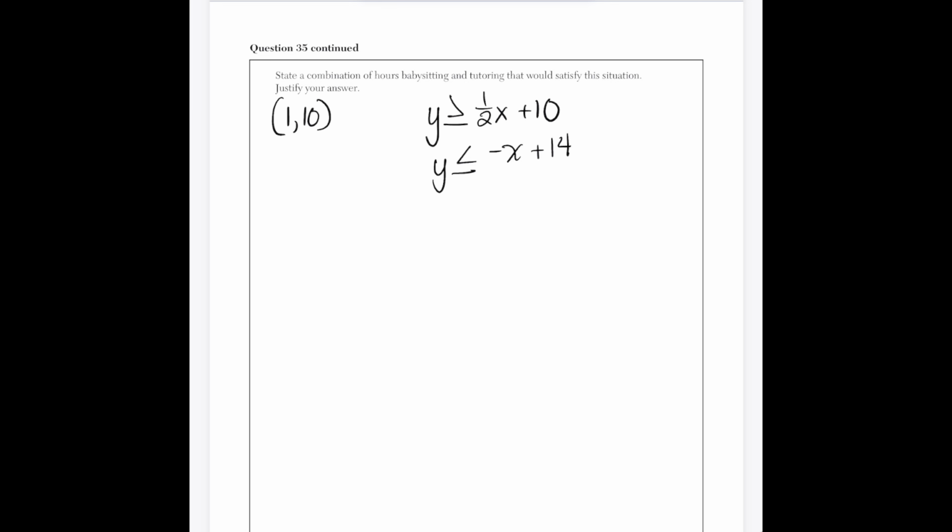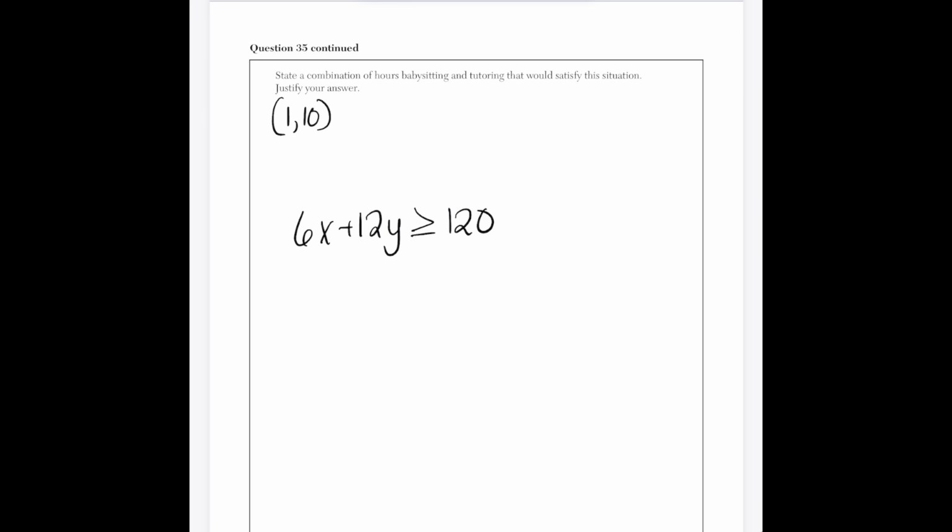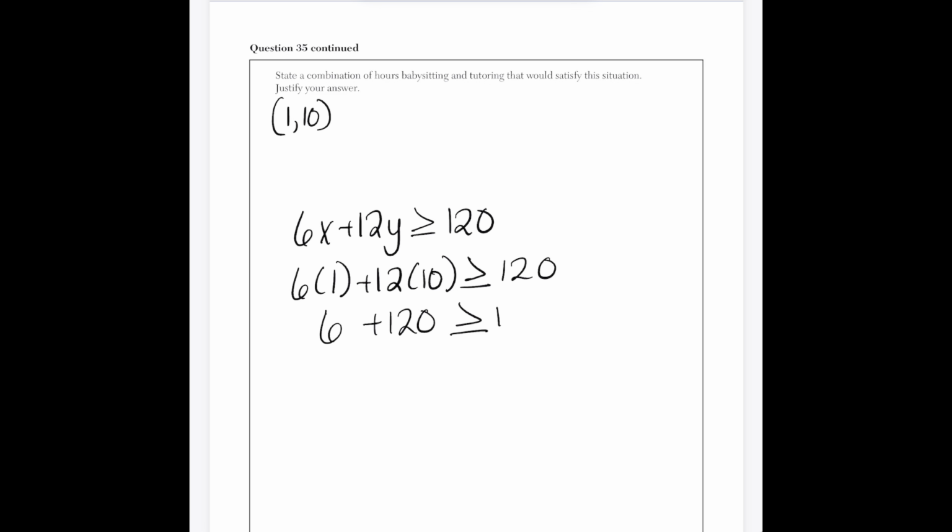I kind of like this one better: 6x plus 12y is greater than or equal to 120. I'd rather use these. And I'm going to substitute the 1 and the 10. So 6 times 1 plus 12 times 10 is greater than or equal to 120. 6 plus 120 is greater than or equal to 120. 126 is greater than or equal to 120. So that one worked for the first one.